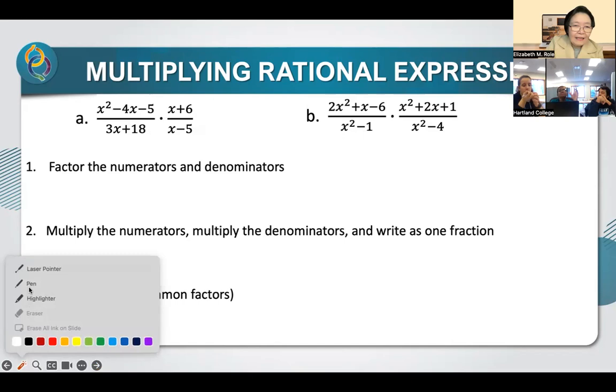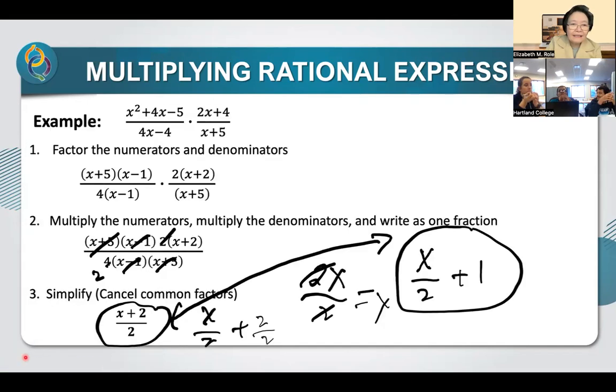What if you leave it as x plus 2 over 2? That's the final answer. I was just explaining that if you want to divide, it should have been written as x over 2 plus 1.